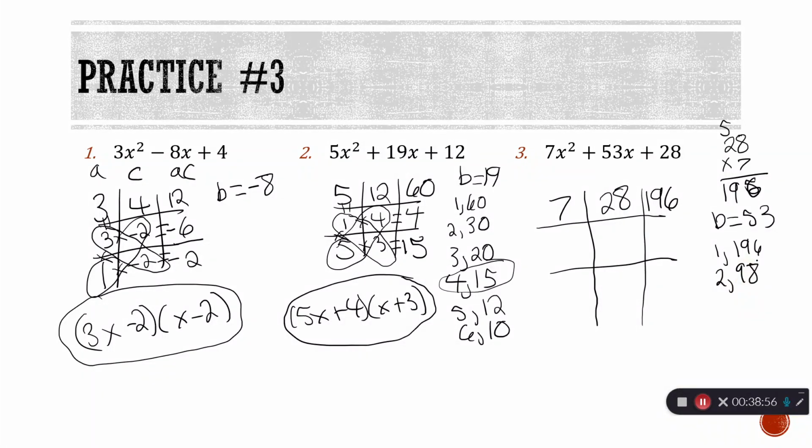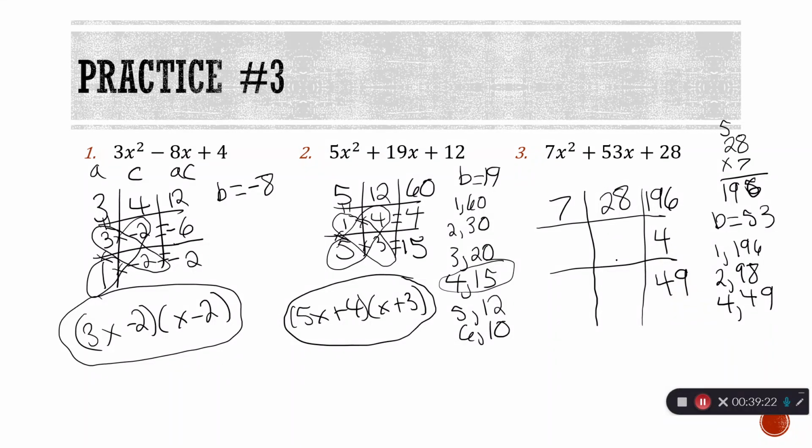That's not going to work. Four and 49. Right off the bat, that's going to be what it is. 4 and 49 gets me 53.